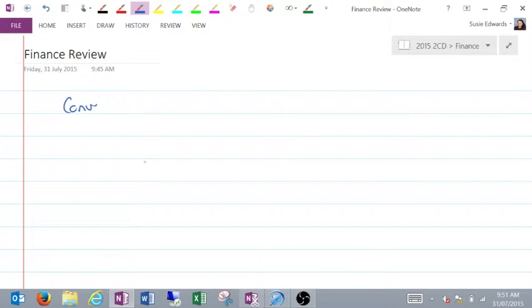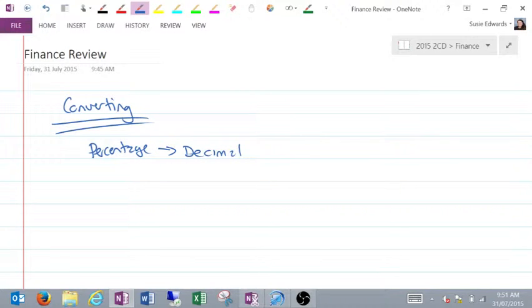Converting. All right, so if we need to convert a percentage to a decimal, which is what we need to do the most, percentage to a decimal. What is, Josh, 23% as a decimal? Perfect. What is 156% as a decimal?